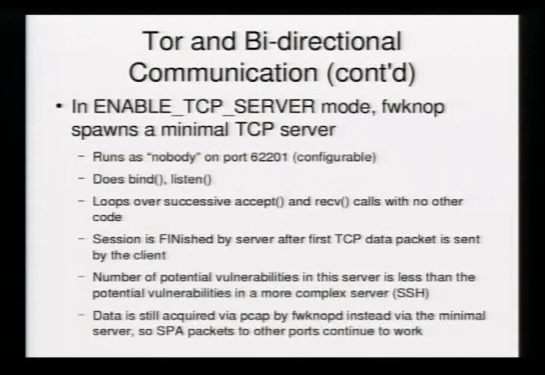It does a bind, a listen, and then it loops over successive accept and receive calls with no other code. So this server has a lot less complexity than a more complex server such as SSH. So I feel more comfortable at least allowing people to connect to this server instead of seeing that SSH is running.